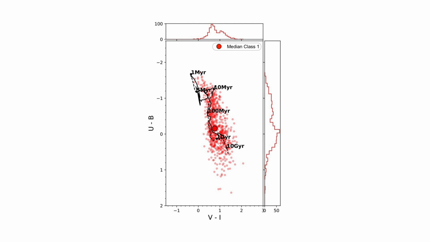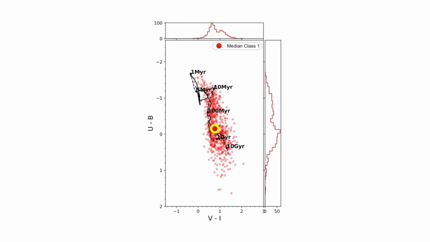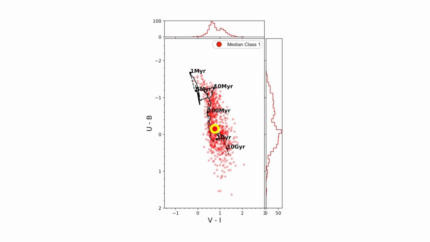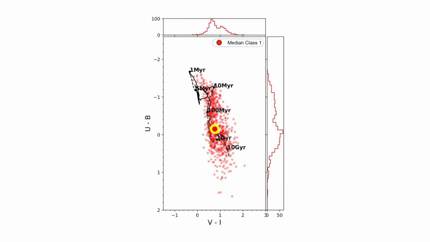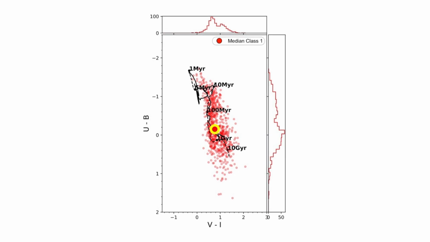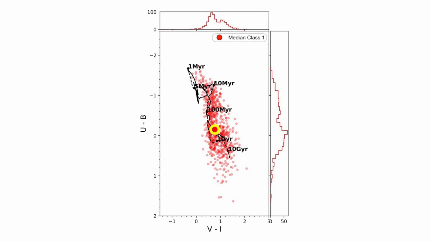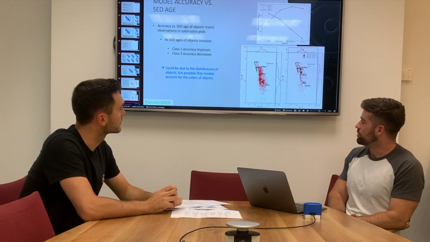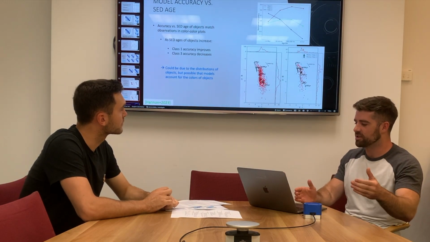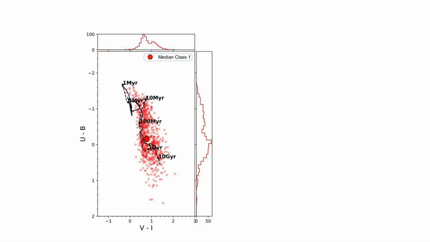And as shown in this color plot, the median is denoted by the larger red circle. And you can see that median color is somewhere pushing near the 1 gigayear point in the stellar population model. And so, again, many of these class 1 objects are generally older.